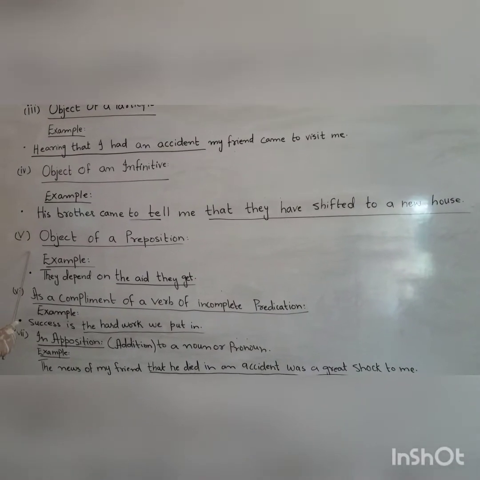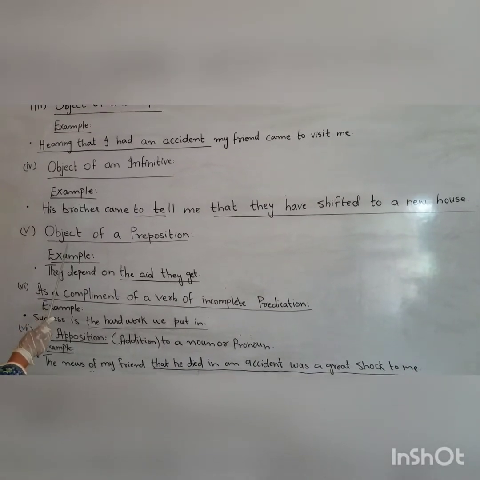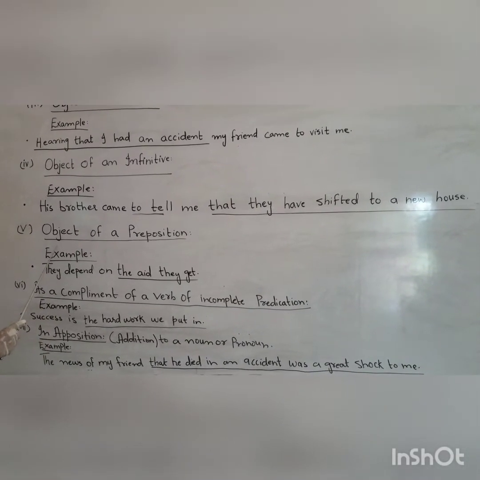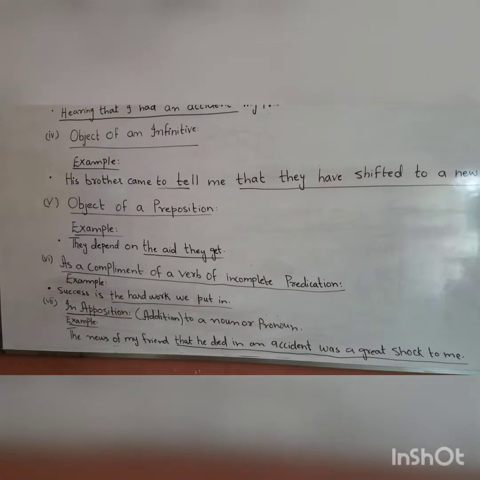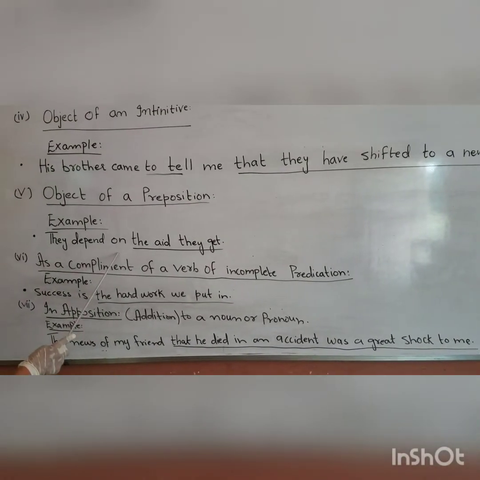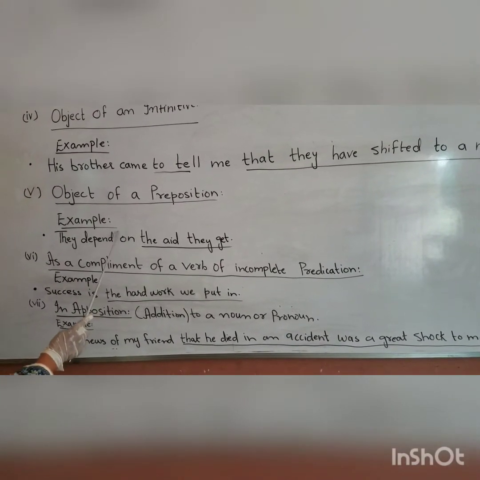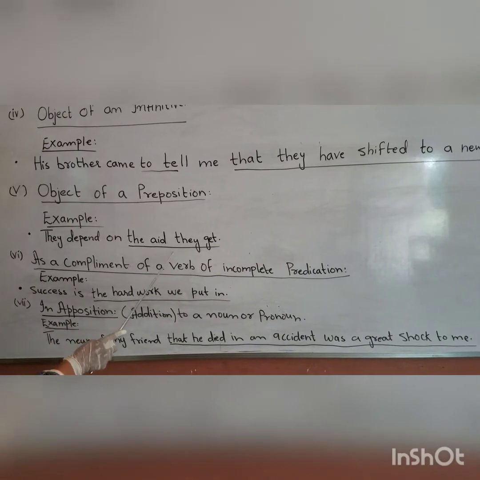The fifth one: the function of the clause here is object of a preposition. The example: they depend on, this is the preposition, the aid that they get.